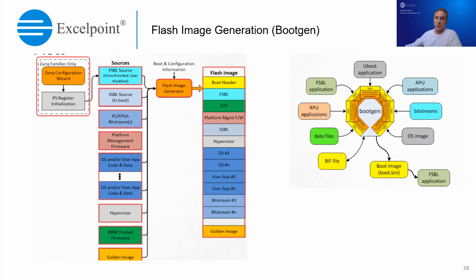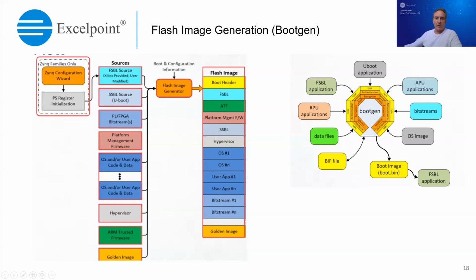The first stage bootloader can run on either processor in the APU or the RPU for ZYNQ SoC devices. And its job is really to extract sections from the flash image, load those sections into various memories of the platforms at locations where the processors can find their code, and then command the processors to begin running from those locations.